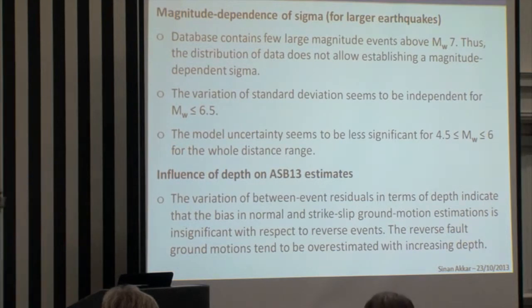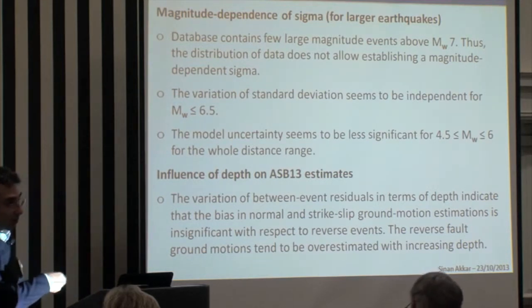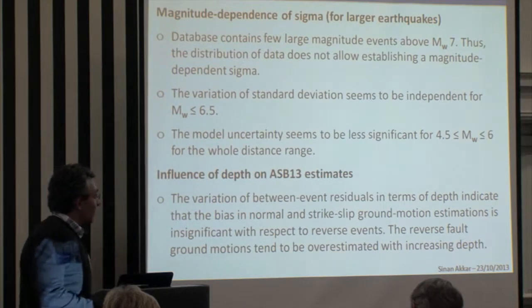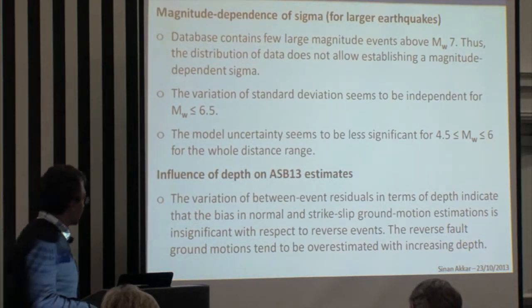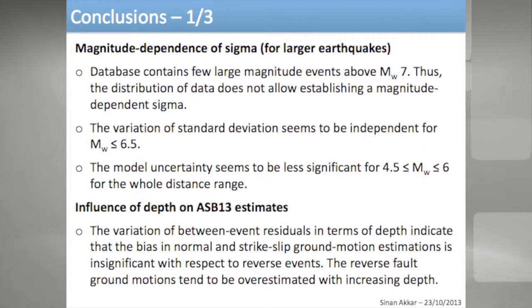The model uncertainty seems to be less significant for magnitudes between 4.5 and 6. This is quite strict, but I would say with some sort of tolerance, the upper magnitude limit can be raised up to 6.5 and 7. The influence of depth on ASK 13 estimates.